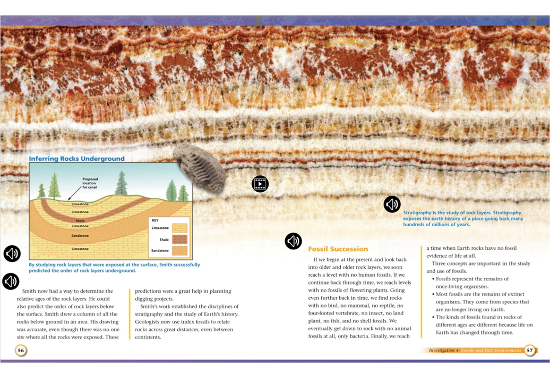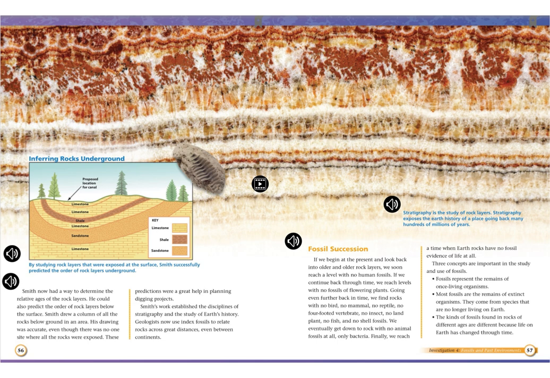Fossil succession. If we begin at the present and look back into older and older rock layers, we soon reach a level with no human fossils. If we continue back through time, we reach levels with no fossils of flowering plants.